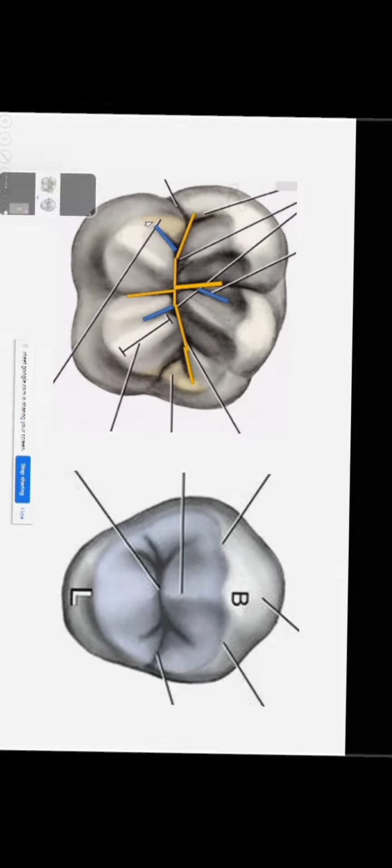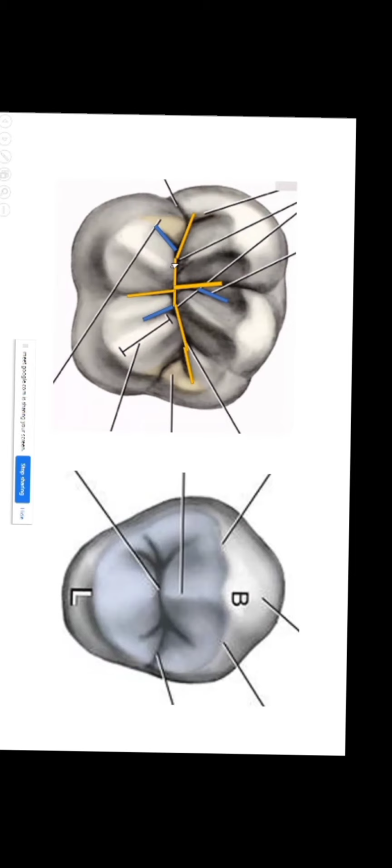These are just supplemental grooves. These are linear channels, small grooves, but they do not mark the main junctions or main parts of the crown. That's why we call them supplemental. Supplement lang. Again, akong balikon, a developmental groove divides the crown into main parts. The supplemental grooves do not.